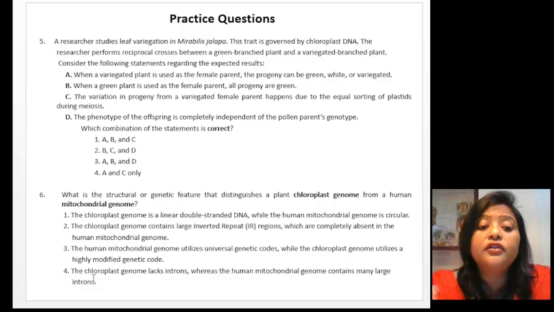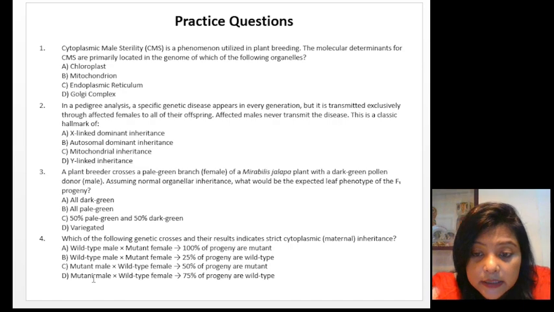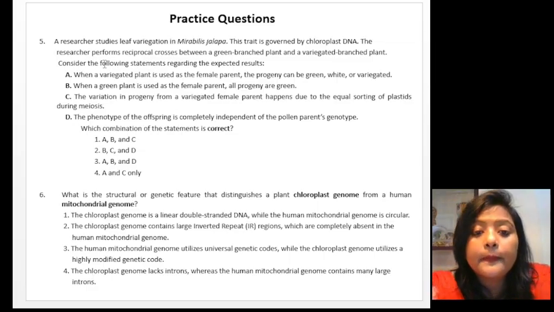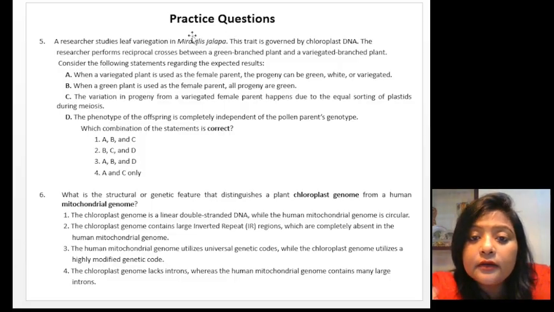The next questions are some very important questions, C-part type questions. Let me check one question. The next question: researchers study chloroplast DNA reciprocal crosses.